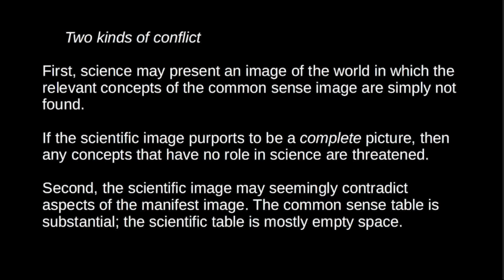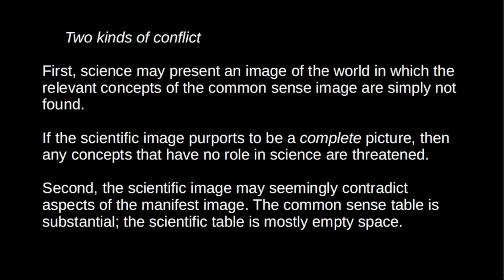A second kind of conflict is that the scientific image may actively contradict aspects of the manifest image. So Eddington suggests that this is the situation with the common sense table and the scientific table. The common sense table is substantial. It has matter all the way through with no gaps. The scientific table is mostly empty space. Now, there's a conflict there, even if the scientific image is not treated as a complete theory.